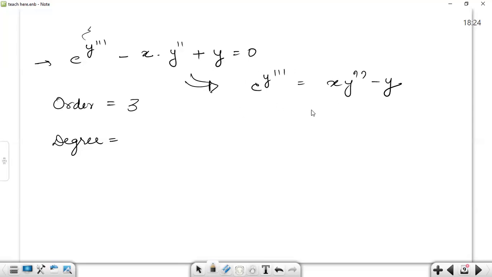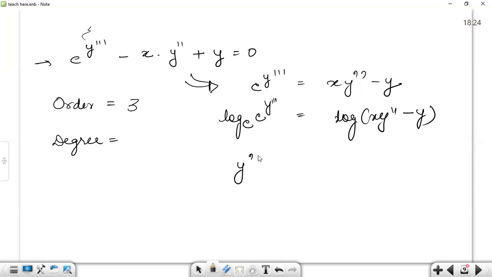For solving this, we generally take logarithm, as we have done in earlier questions also. So I'm taking logarithm to the base e, and the log and e will cancel each other and it will simply become this. So now this derivative is set free from any radical.